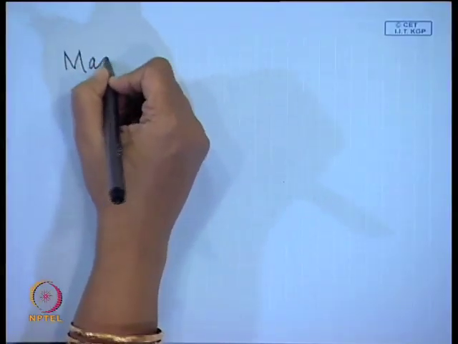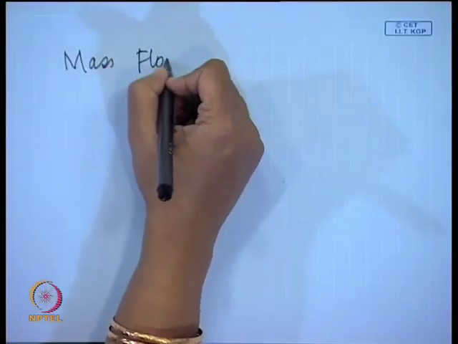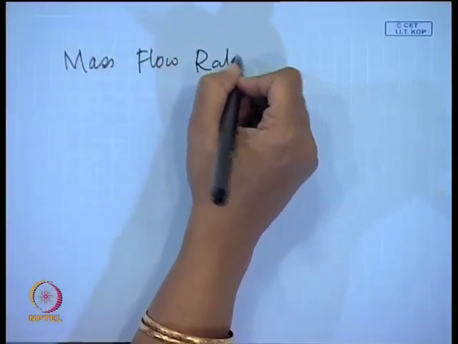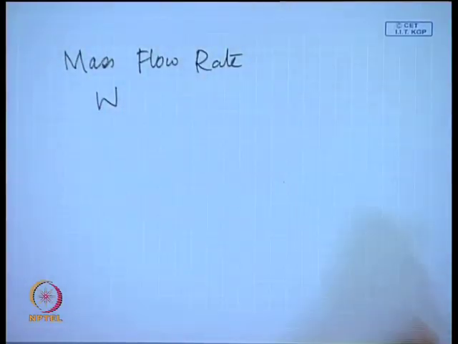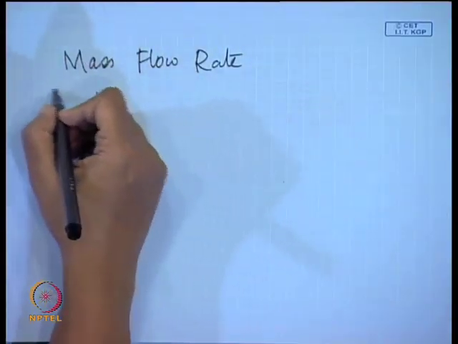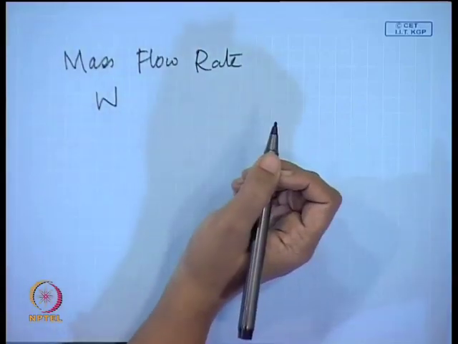Volume flow rate or the mass flow rate, that is the most important parameter. Normally for mass flow rates till now you have used m dot and things like that. For this particular class, I would like to use W for mass flow rate. Okay. So, for single phase cases, this is going to be W.